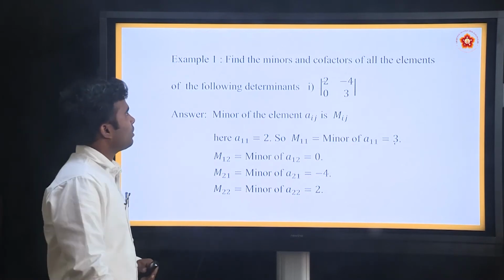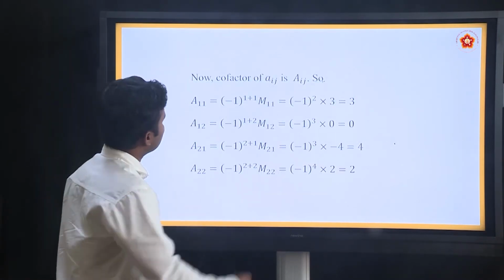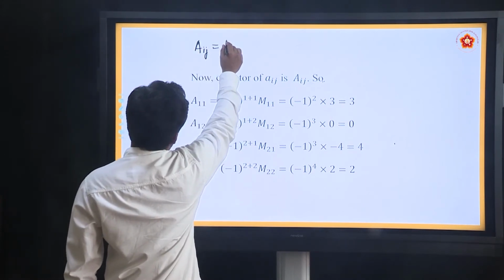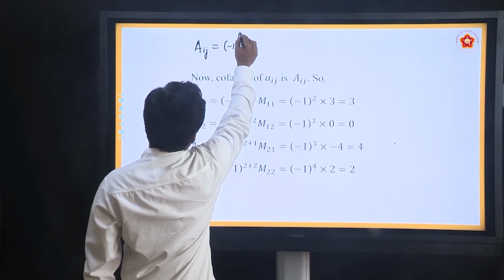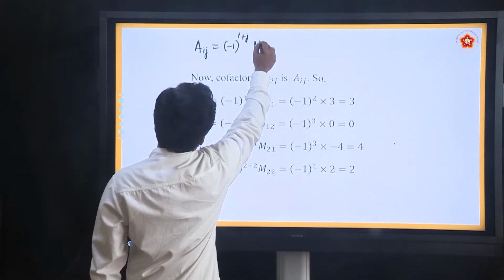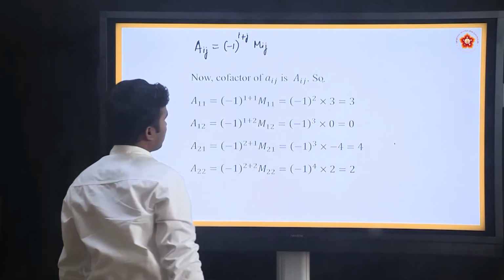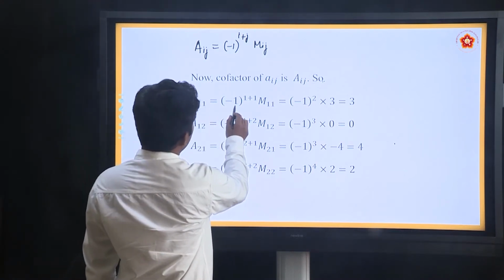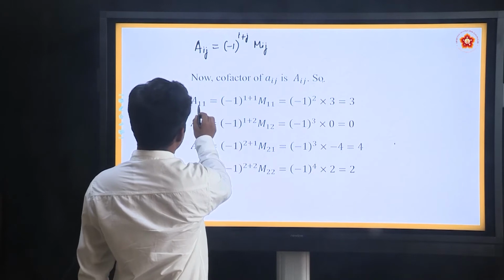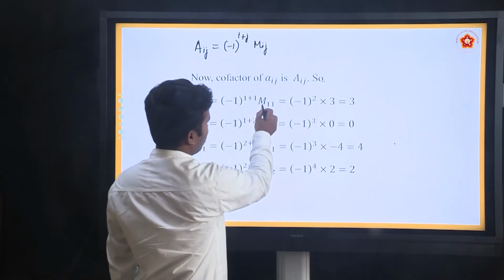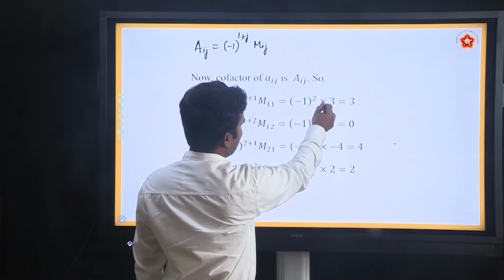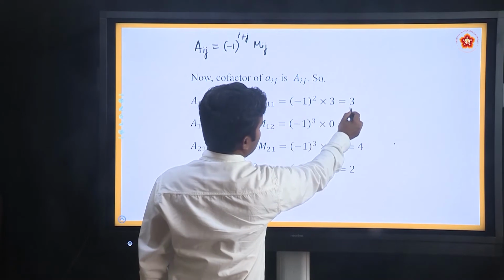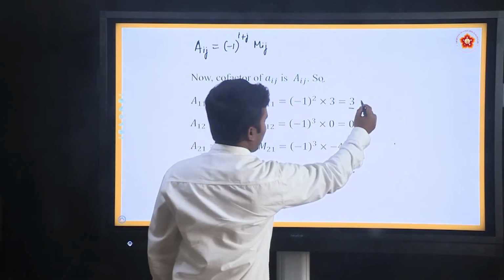Now, we can find what? The cofactors. By using the expression, we have Aij is equal to minus 1 to the power i plus j into Mij. This expression we are going to use. Okay. So, now A11 is what? Minus 1 to the power 1 plus 1 into M11, minus 1 to the power 2 and M11 is 3. So, plus 1 into 3 is 3, that is a cofactor.